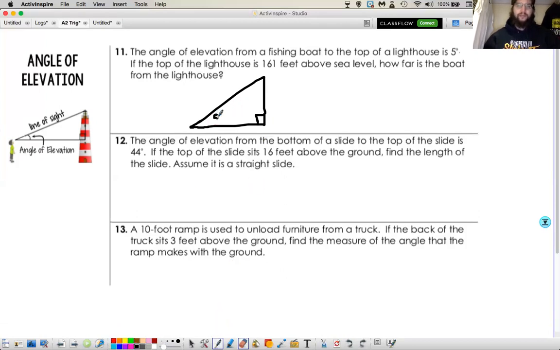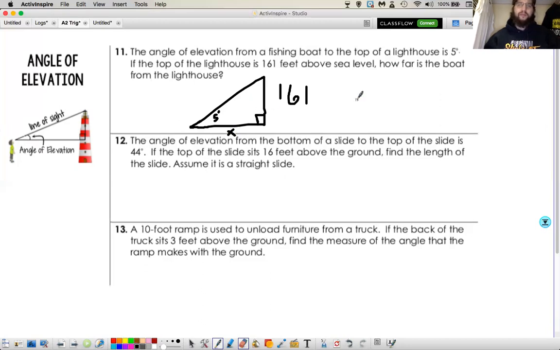Angle of elevation from that is 5 degrees. If the lighthouse is 161 feet above sea level, so you have to use common sense. Above sea level, that's this part, not this part or that part. How far is the boat from the lighthouse? Okay, well that's got to be this part.